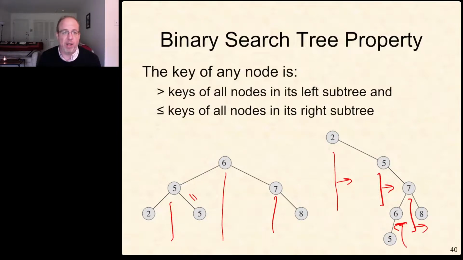Everything to the left of 6 is less than 6. So one of the things that's interesting, the take home about this particular example, is that the shape of the tree depends on the order in which elements are inserted.